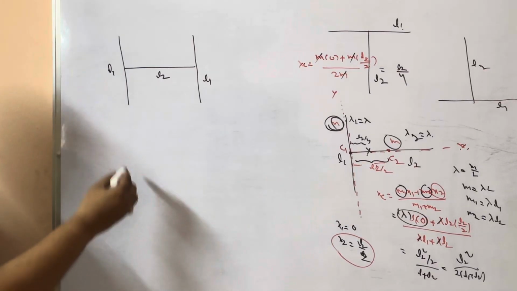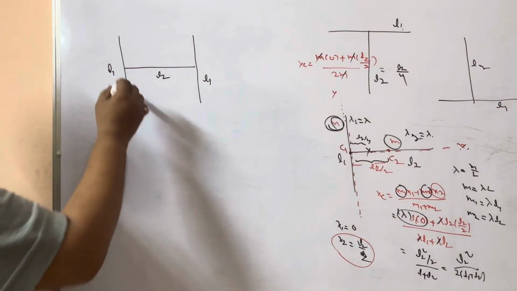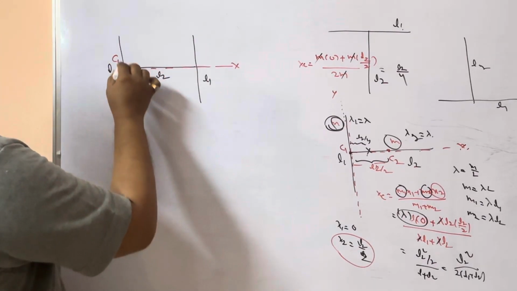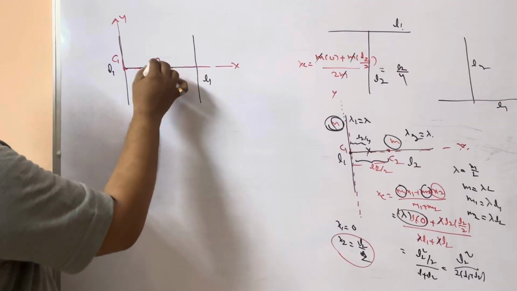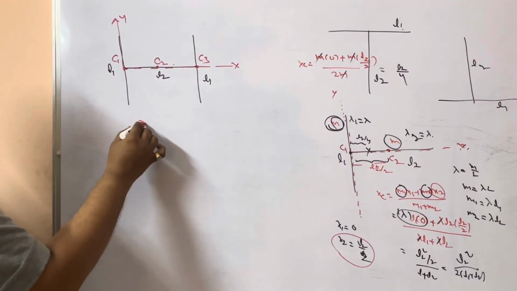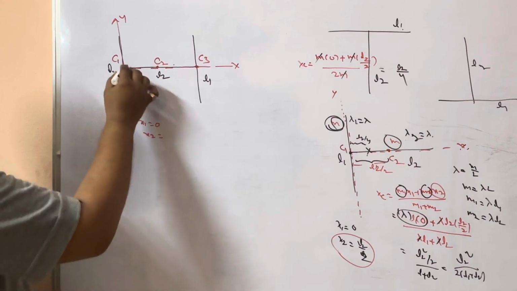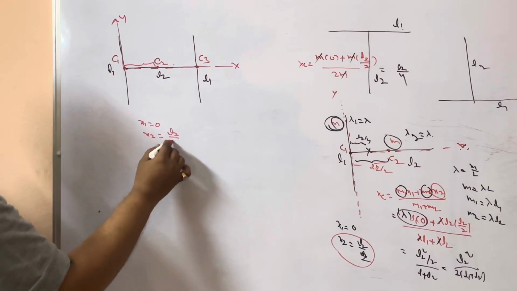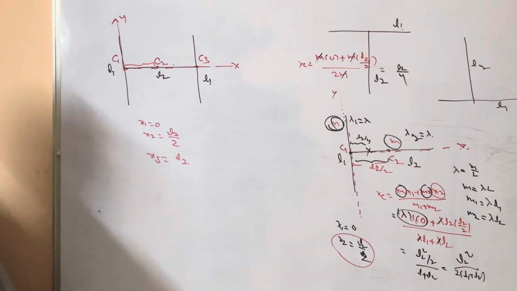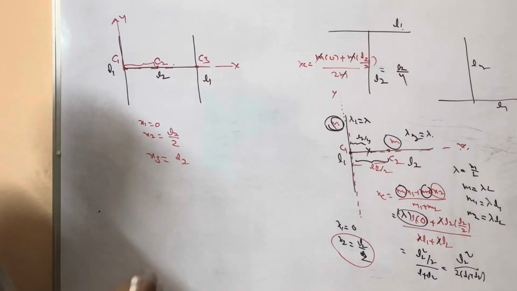At that time you have to take the center of mass of the first object, x-axis, y-axis, center of mass of the second object, center of mass of the third object. So x1 equal to 0, x2 is L2 by 2, x3 is L2. This is at distance L2.